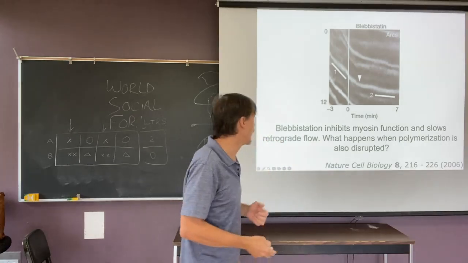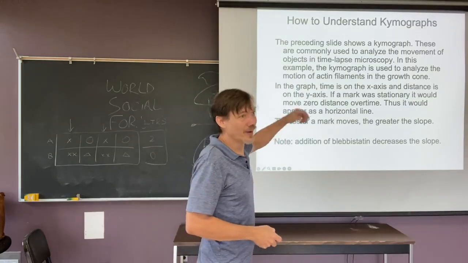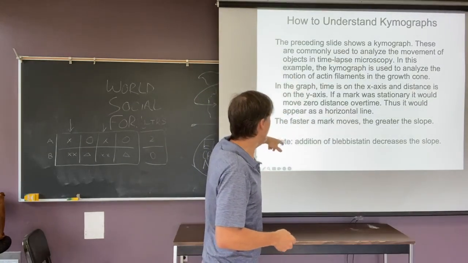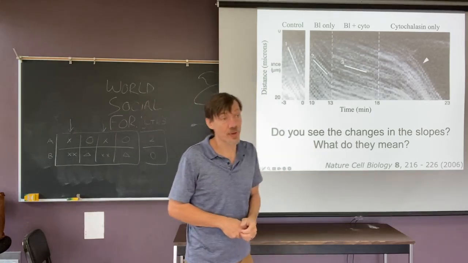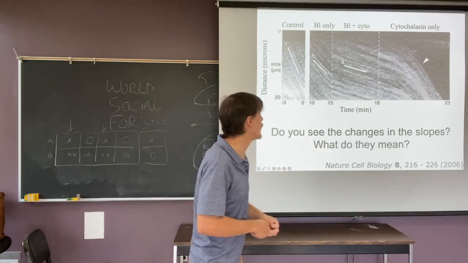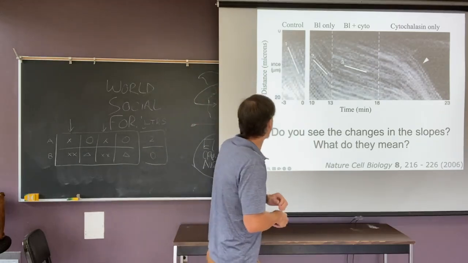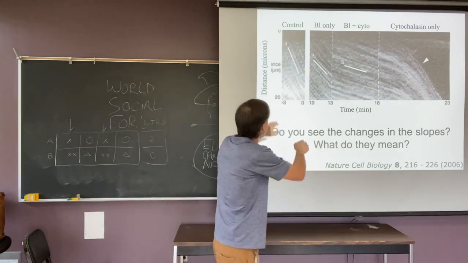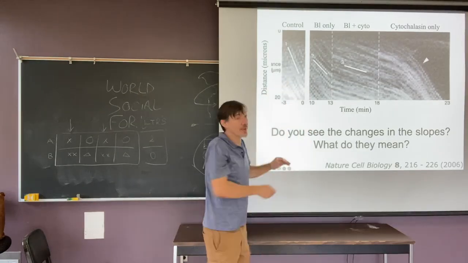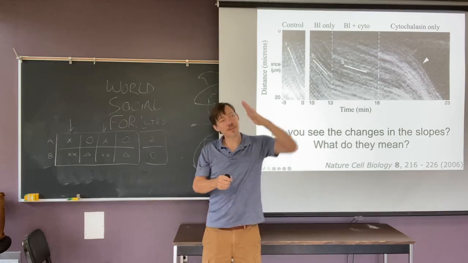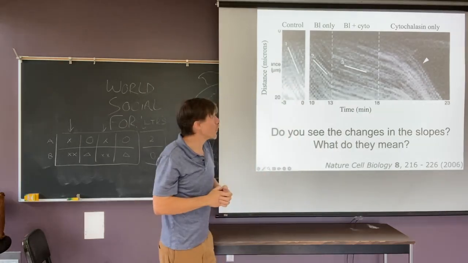So, okay, this is just a little note on how to understand kymographs. But here is the entire experiment where both of these things have been inhibited. So just to walk through things, here is our control over here, and you can see that because the line is at a large angle, there's really rapid motion before.